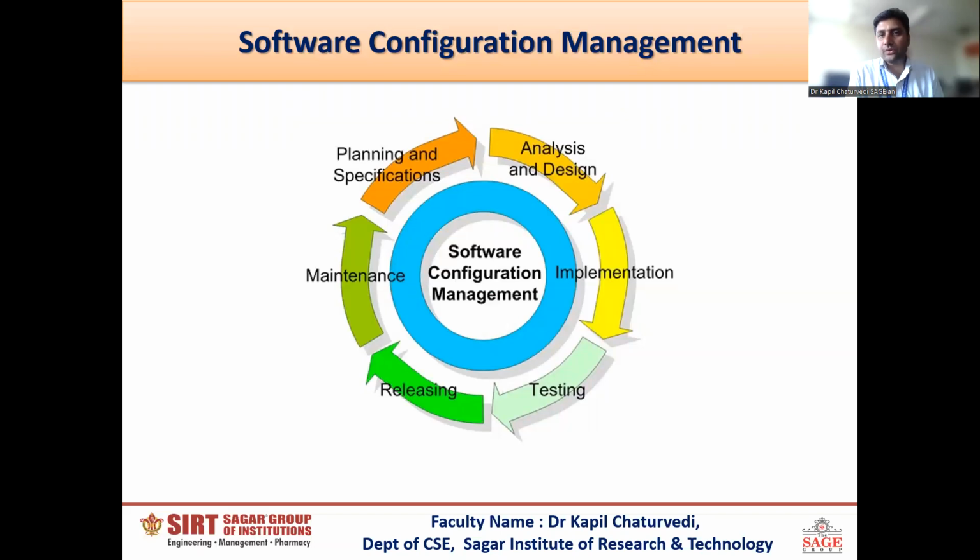Our first topic is software configuration management. The meaning of configuration is very familiar to computer science and engineering students. Just think about the configuration of your computer. If I ask you what the configuration of a computer is, you rapidly reply, in my computer 4 GB of RAM, one SSD of 500 GB, one hard disk of 1 TB, and so on.